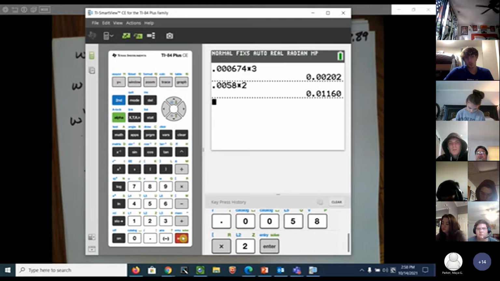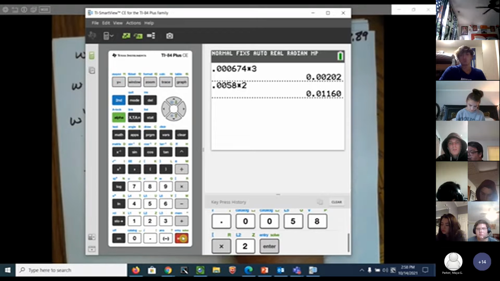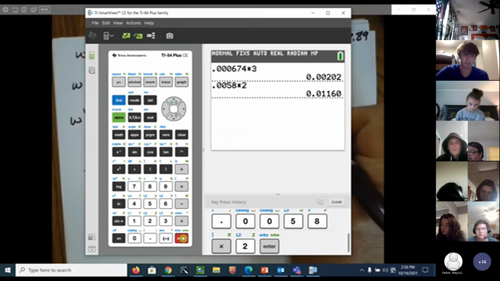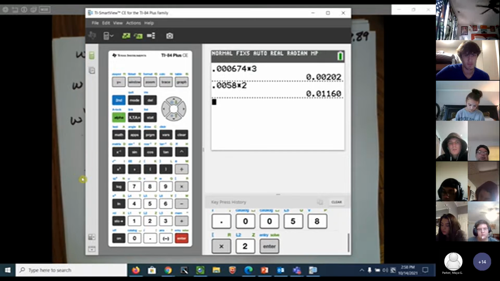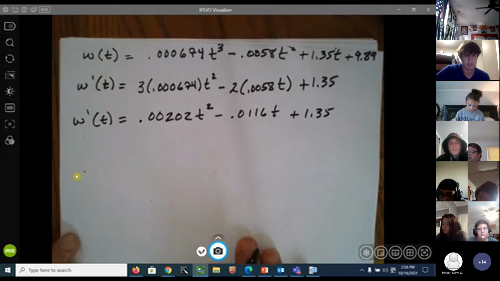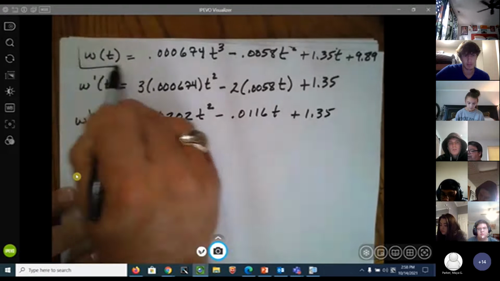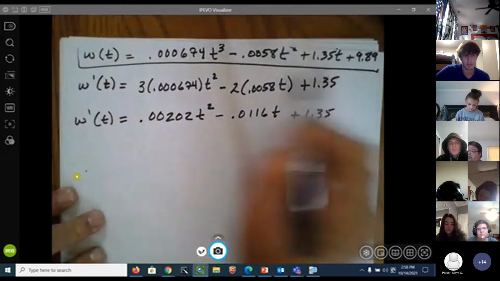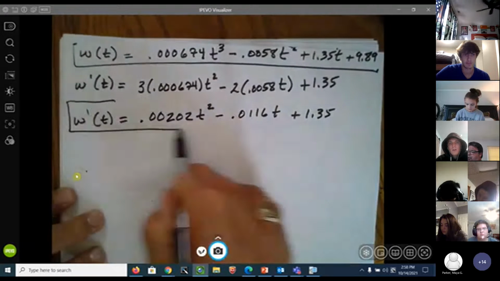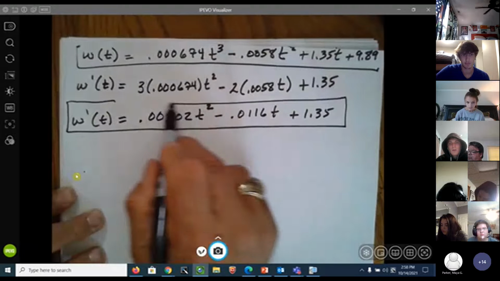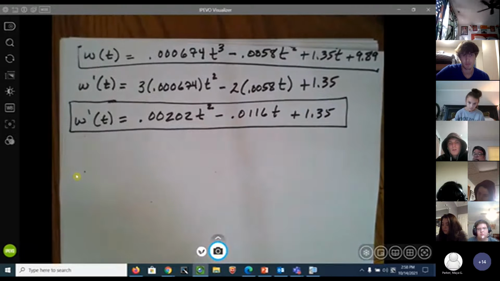I got 0.0116 t plus 1.35. So we've got two formulas here. We've got the equation for the weight, and then we've got the rate of change at a certain point, which is that one right there.